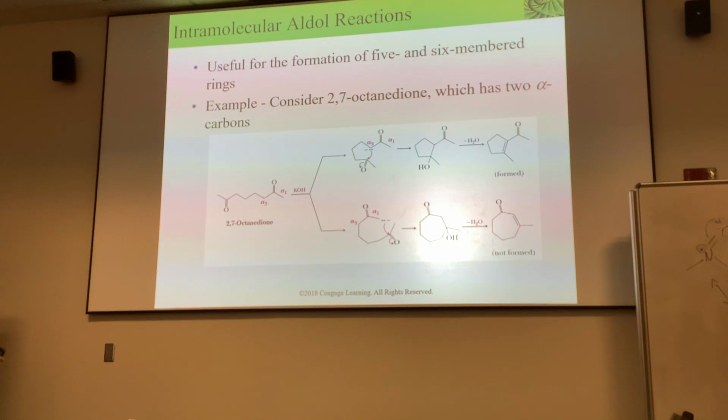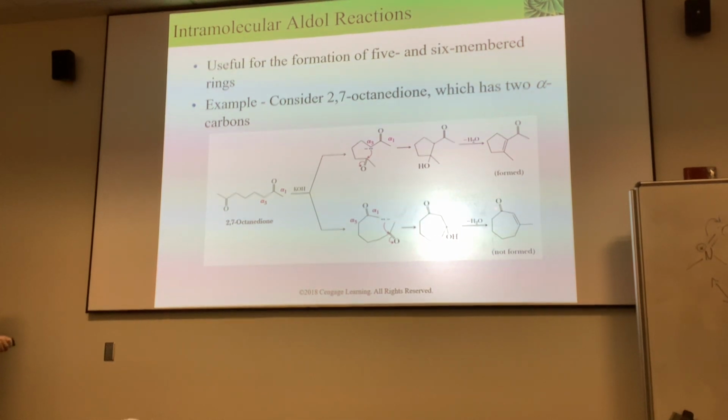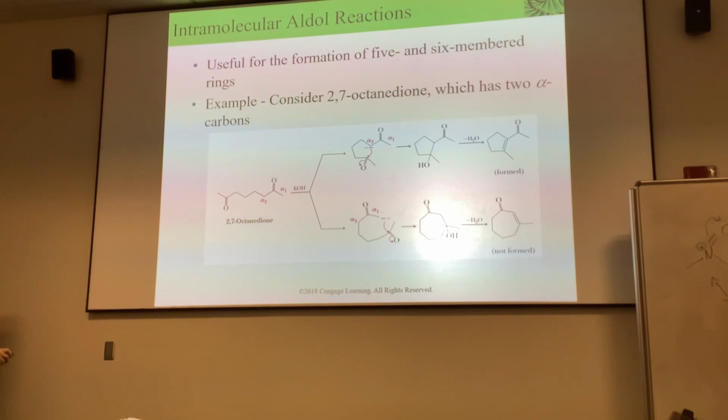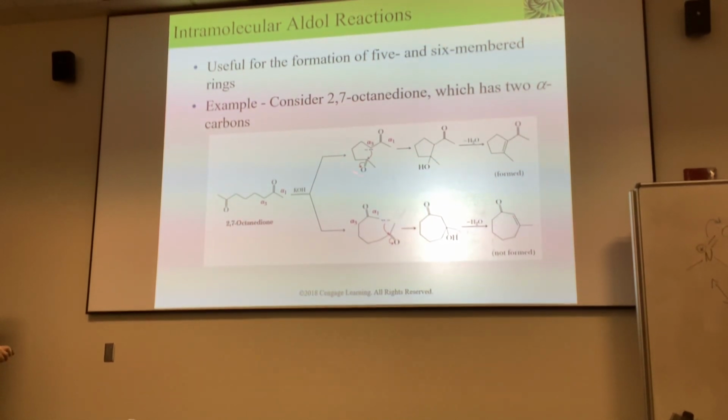But nature loves 5- and 6-membered rings. So partly because of this, but mostly because nature's just all about the 5- and 6-membered rings, if at all possible, it will favor that or just entirely not form the other one. We only get this one from this guy.